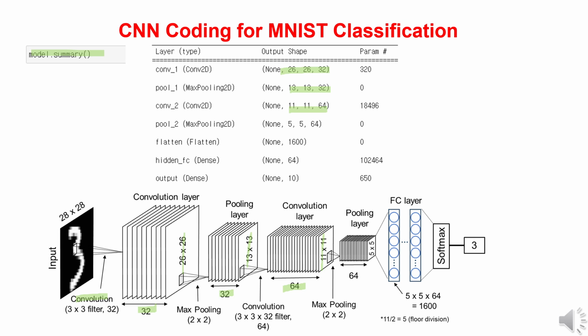And the next max pooling layer brings it down to 5 by 5 by 64. The flatten layer then converts this into a one-dimensional vector with 1,600 values, which is followed by a dense layer with 64 nodes, and finally, a softmax output layer with 10 units for classification. As you can see, this matches the structure shown in the diagram below.